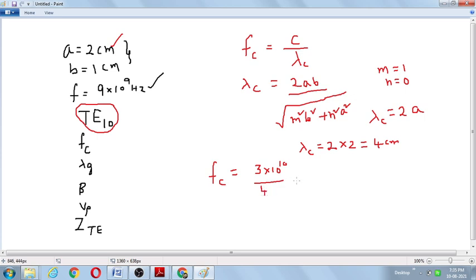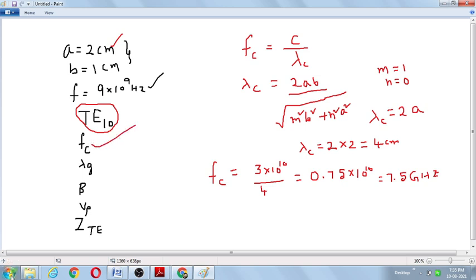So 3 by 4 is equal to 0.75 into 10 power 10, that is equal to 7.5 gigahertz. This is our cutoff frequency of a rectangular waveguide. So first cutoff frequency is calculated.